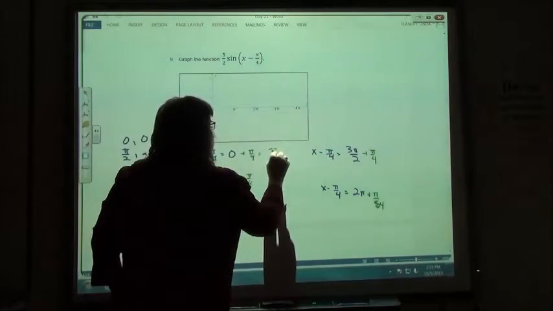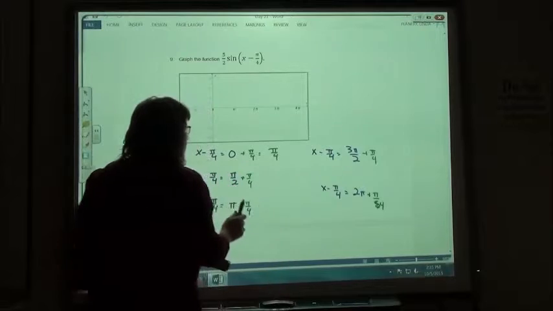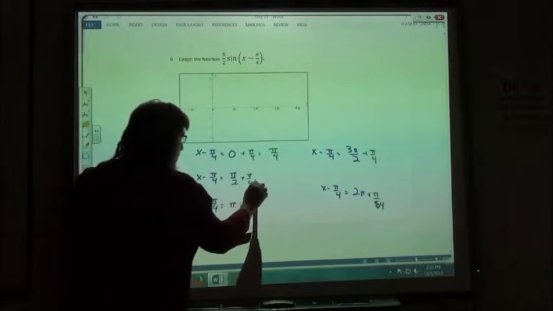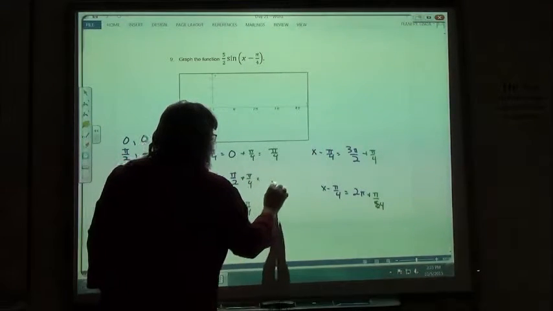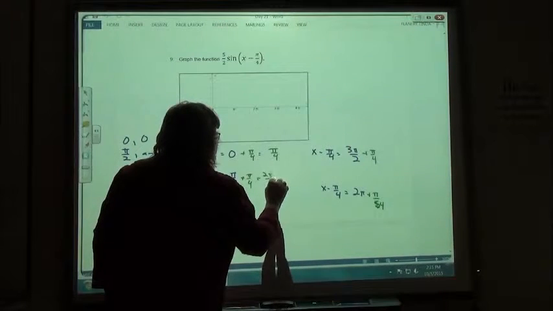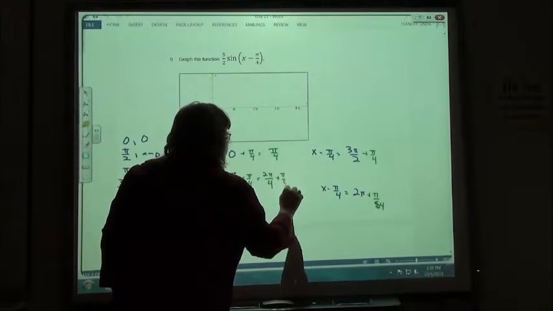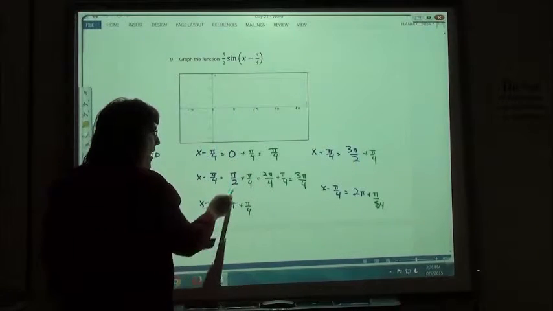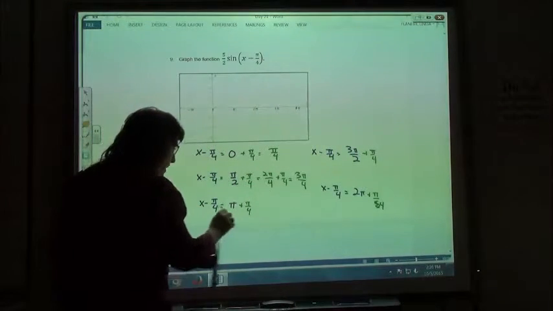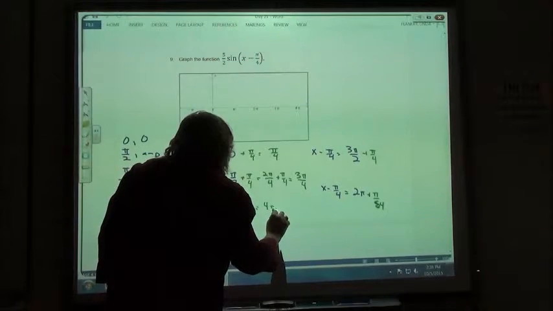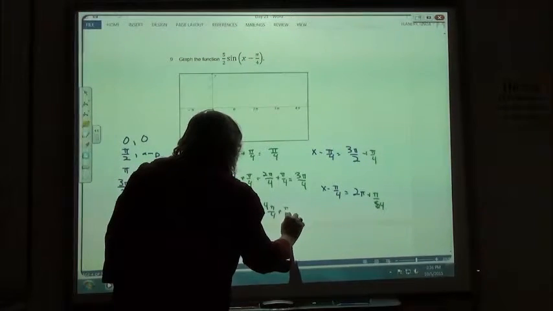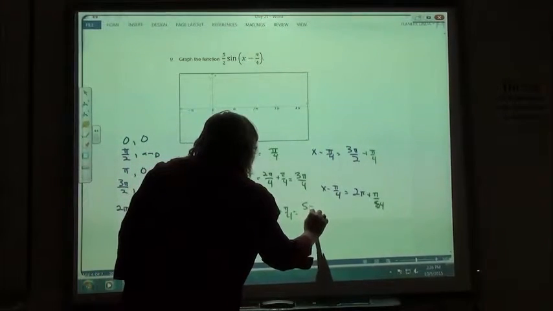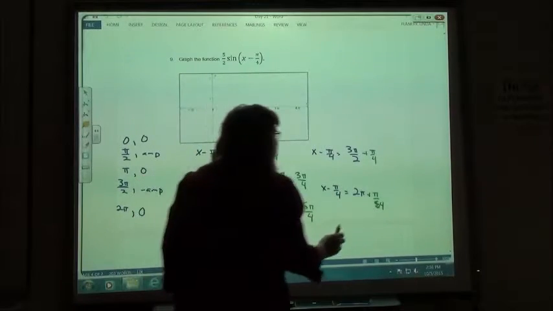So here I'm just going to get pi over 4. Here I am going to have 4 for my common denominator, so I'd have 2 pi over 4 plus 1 pi over 4, which is 3 pi over 4, right? 1/2 plus 1/4 is 3/4. Here I'm going to have 4 pi over 4 plus pi over 4, which is 5 pi over 4.